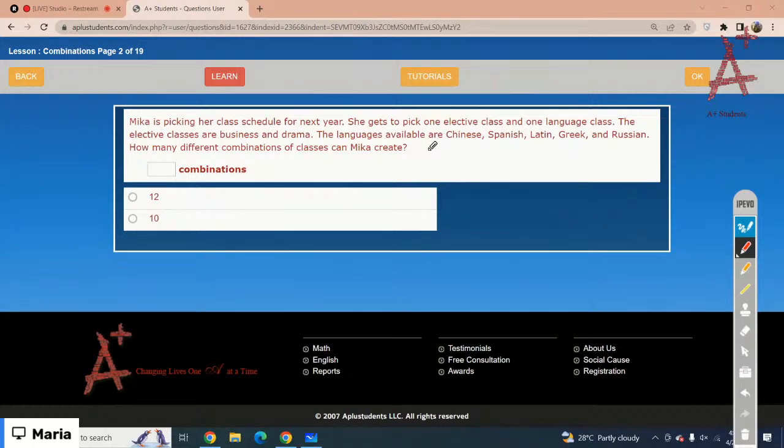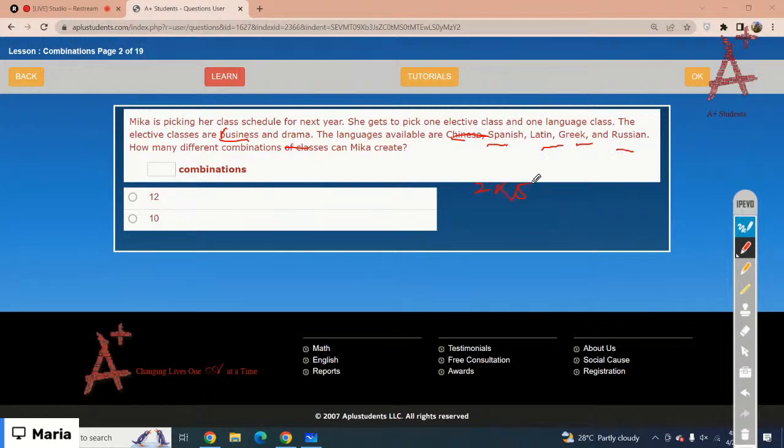So the two options for elective class are business or drama. And then you have Chinese, Spanish, Latin, Greek, and Russian, five for the language.